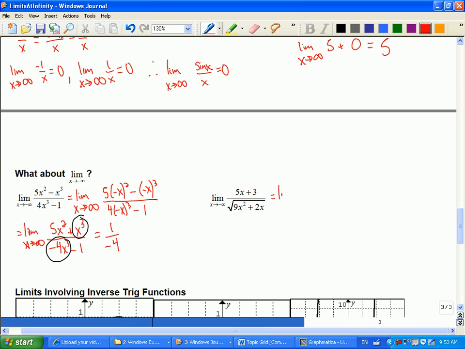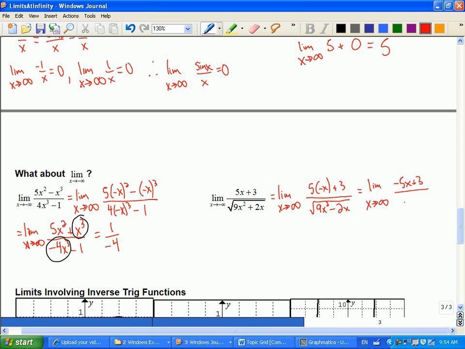Okay, so if I'm to do this as cautiously as possible, it'll be limit as x goes to infinity of 5 times negative x plus 3. And on the bottom here, I'm going to have the square root. It's still going to be x squared, but this is going to be minus 2x. So I'm going to have the limit as x goes to infinity of negative 5x plus 3.